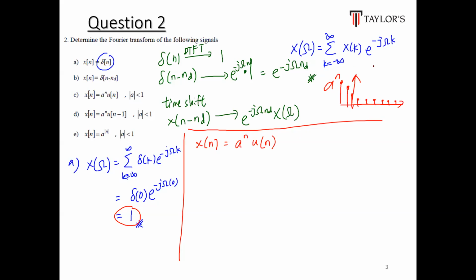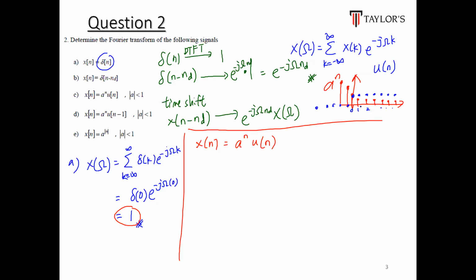But now you need to multiply by u[n]. u[n] is all 0 until n equals 0, then it's 1. This is 0, 1, 2, 3, all the way.